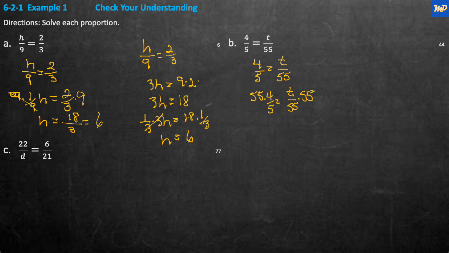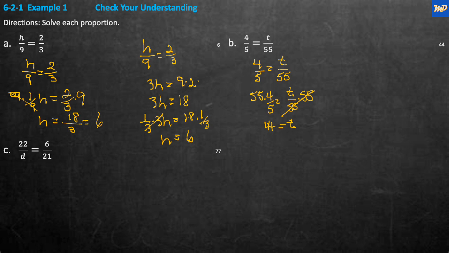By doing this, the 55's cancel on the right. 5 goes into 55 11 times, and 11 times 4 is 44. So the answer is 44 is equal to t, because these canceled. All that's left is 44. So t is equal to 44.